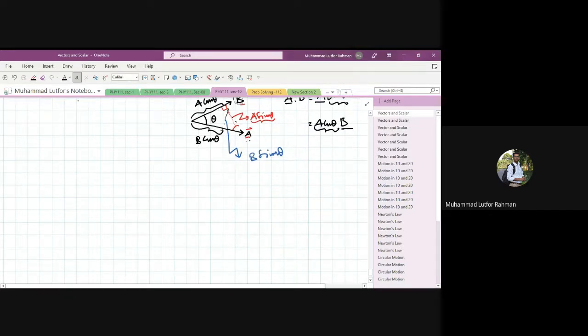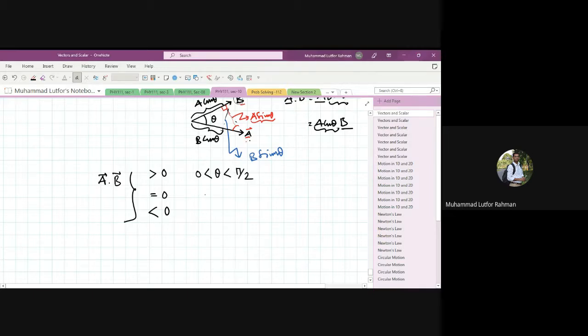All right. Now, since this dot product is a scalar quantity, its value could be greater than 0, it could be equal to 0, and it could also be less than 0. It is positive if theta is greater than 0 and less than 90.